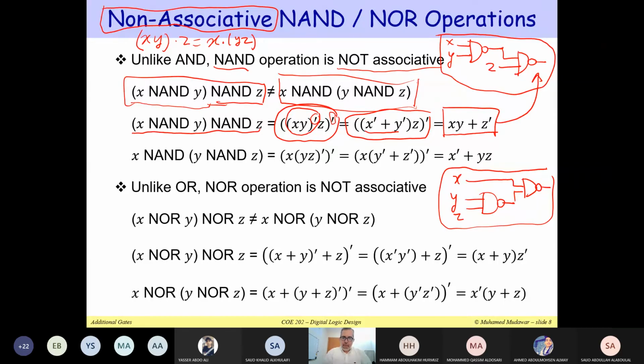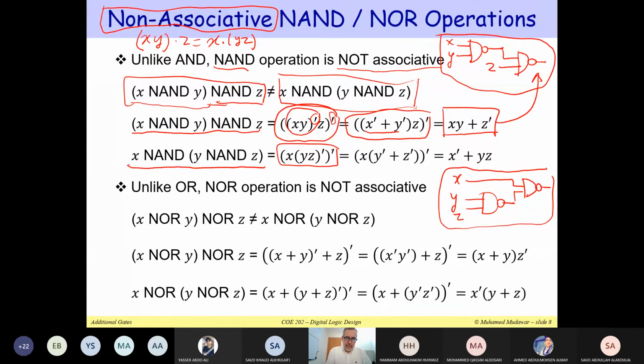Okay. If you take X NAND between parentheses Y NAND Z, and you expand it using the properties of Boolean algebra, it is not(X and not(YZ)). So this is basically the expression for X NAND (Y NAND Z).